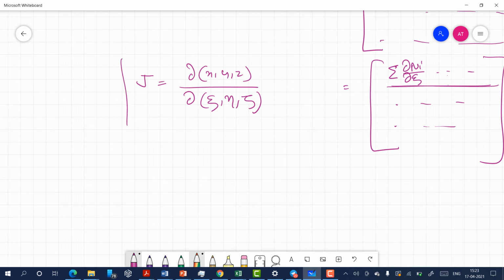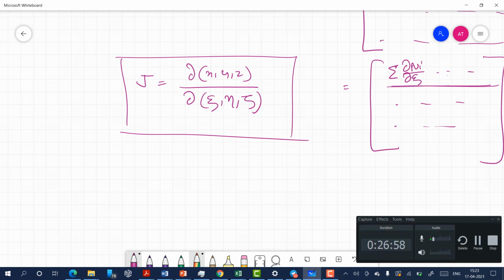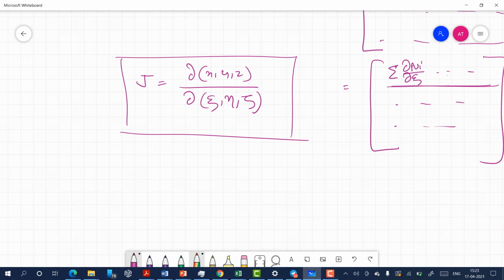And from this you can remember always that this is the relationship between the partial derivative of the shape function with respect to the local coordinate system and the partial derivative of shape function with the global coordinate system.